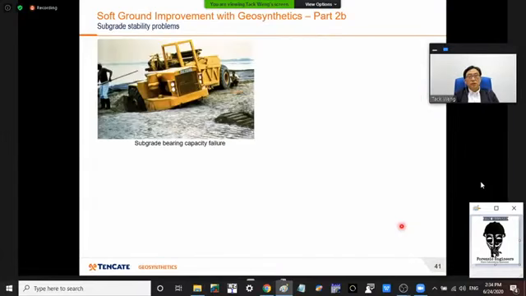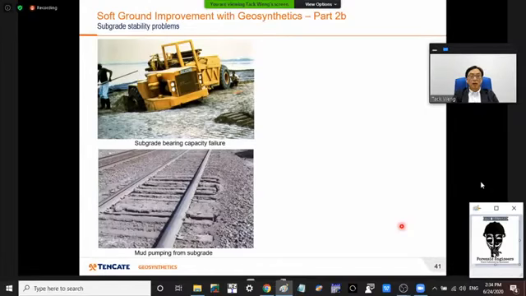I'd like to show some of the subgrade stability problems that we have to deal with in subgrade stabilization. Here you have a case where the subgrade bearing capacity is not enough and there's failure punching in. Or under the dynamic load of the railway passing, mud can be pumped from the subgrade.